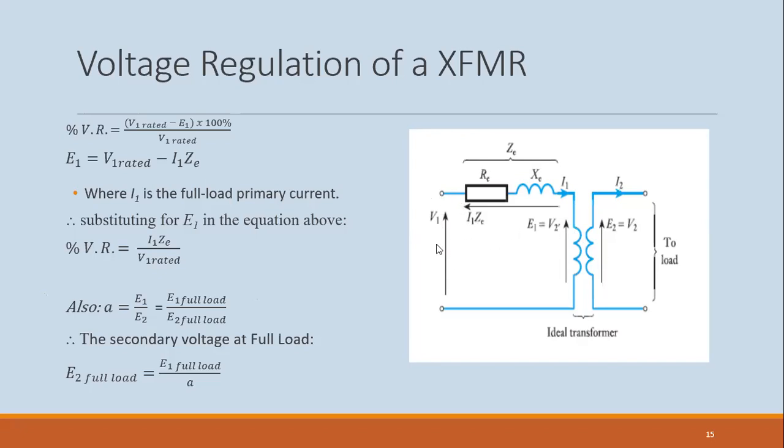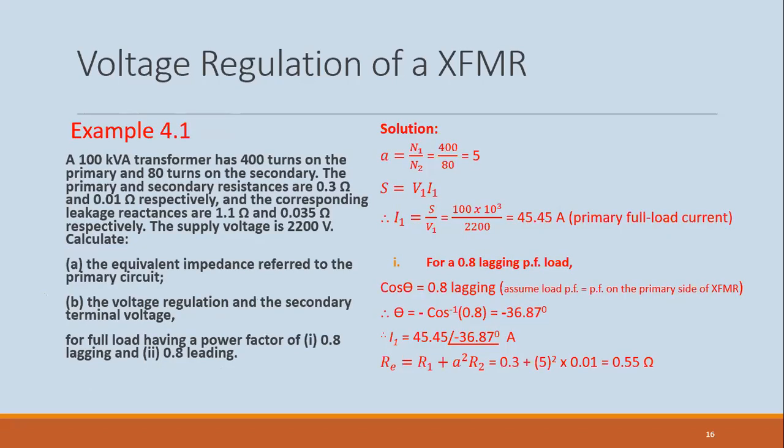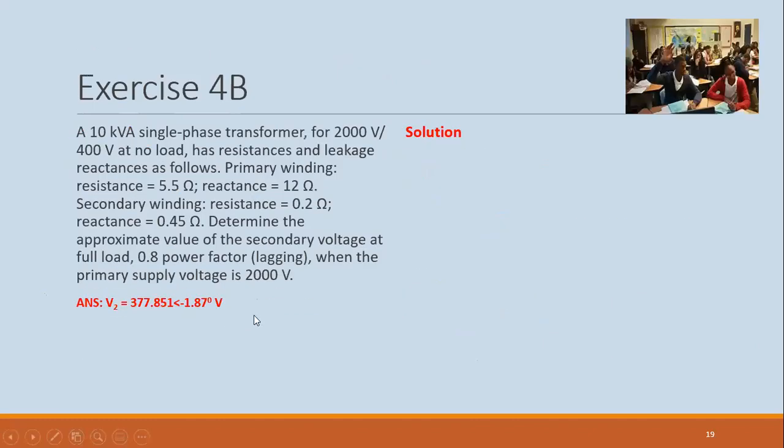So increase the voltage on the primary windings by about 5%. So that would be, it was what before, 2000. Right, 2000.